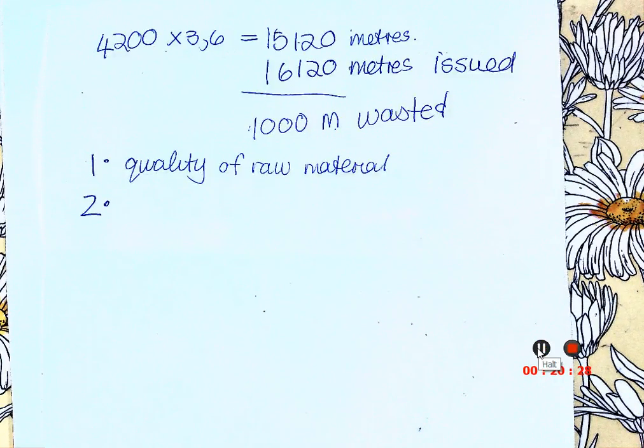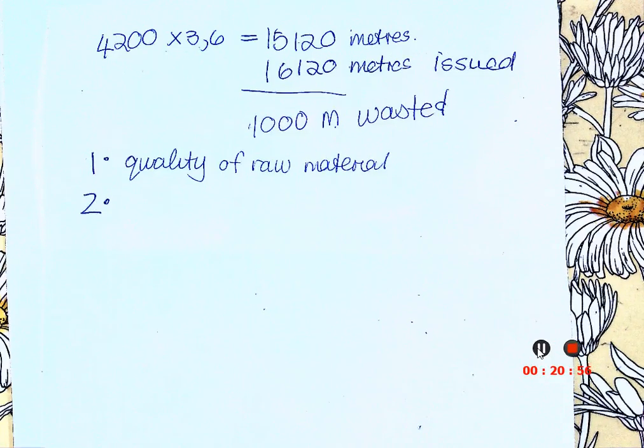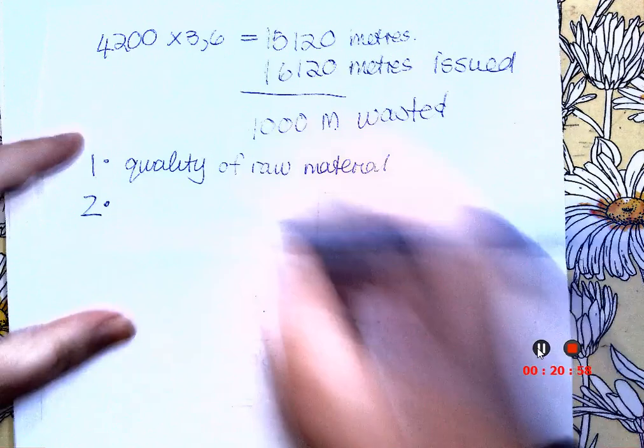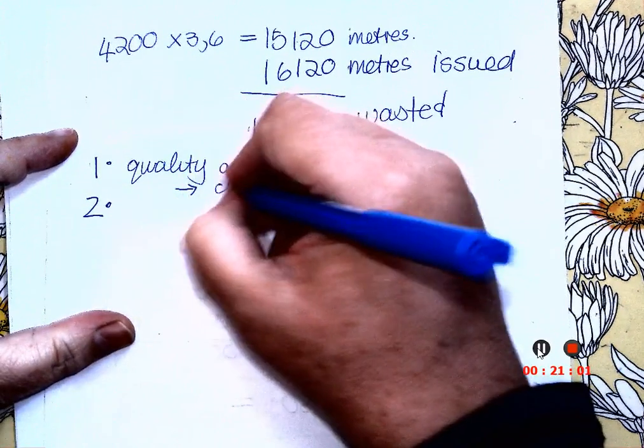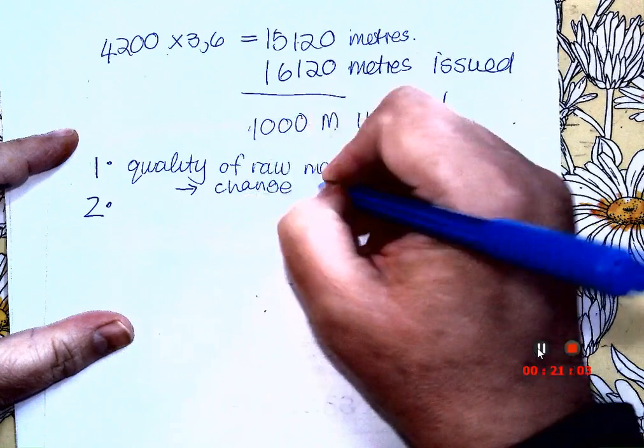Sometimes you get black marks on it, or you'll see that some parts haven't been woven properly. Then you can't use that. Meaning some parts of the material on the roll that I bought were useless. I can't use it because there are faults in the material itself. So how will you solve the problem? Change suppliers. This is the easiest thing to do.